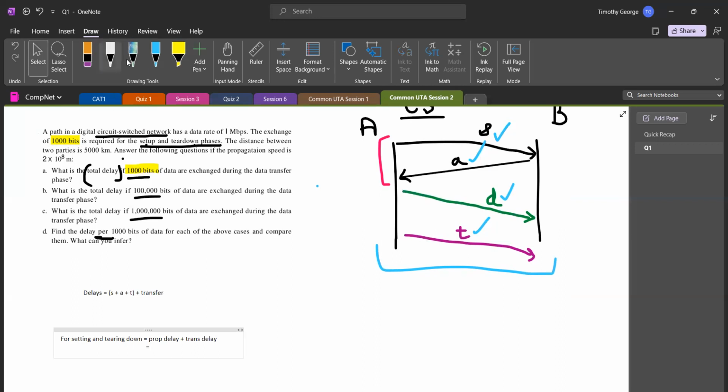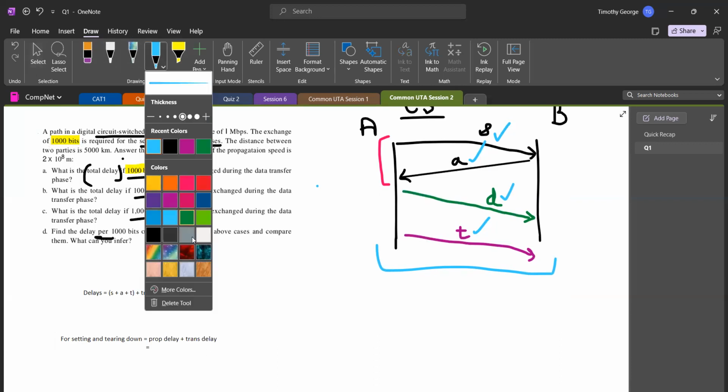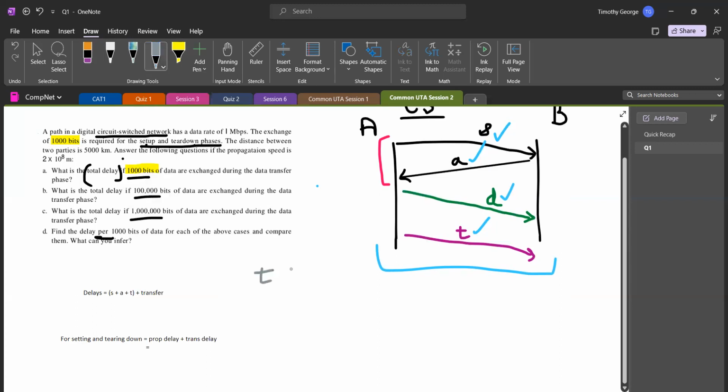Let me recap this quickly. How do you find delay? Time is always distance divided by speed, or velocity here.